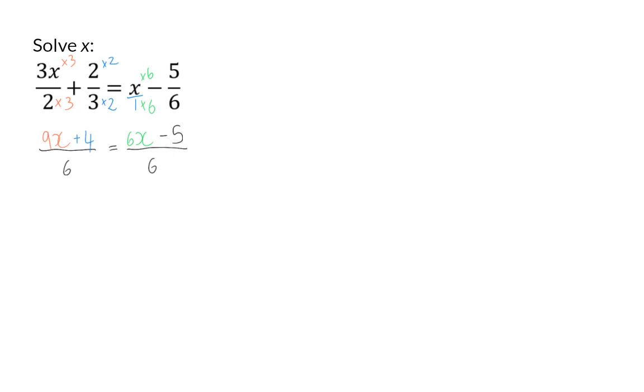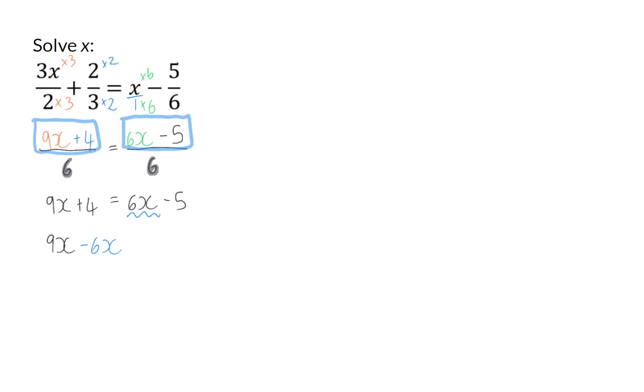And now, because the denominators are the same, in my next step, I can make the conclusion that the numerator on the left should now be equal to the numerator on the right. Now we have a normal linear equation, and I'm going to get all my x terms on the left-hand side, so the plus 6x that's on the right will be subtracted on the left.